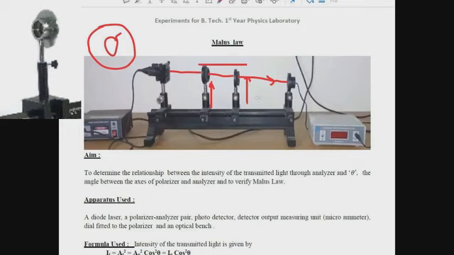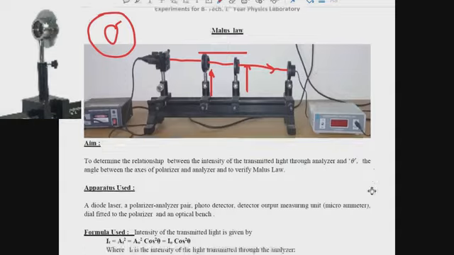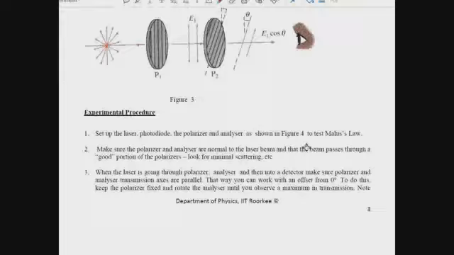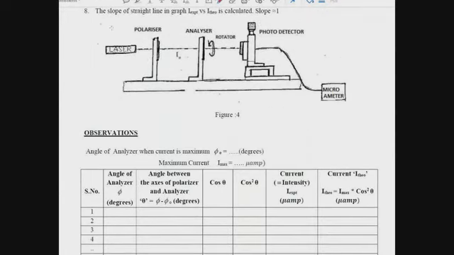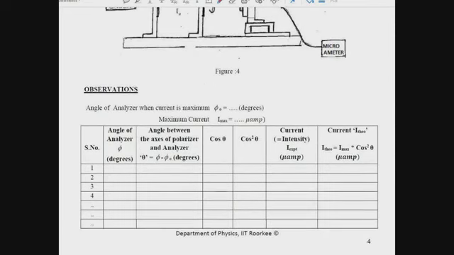Now there are two methods of doing it. Say, for example, I am using some random figures. I am using this table here, a nice diagram that we have. First, I will note down the angle of the polarizer.